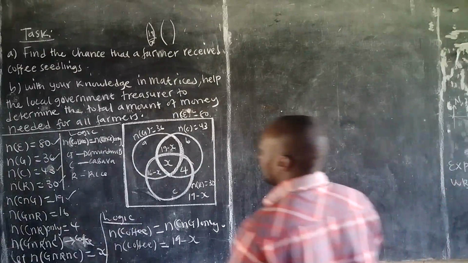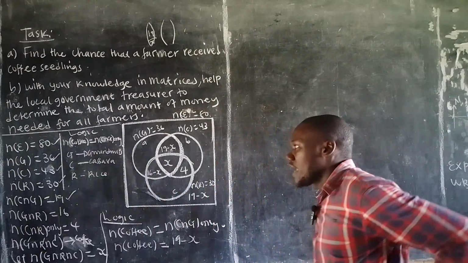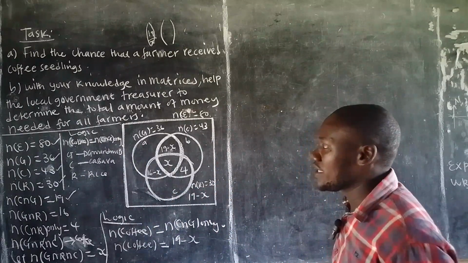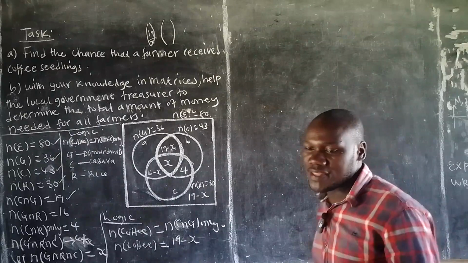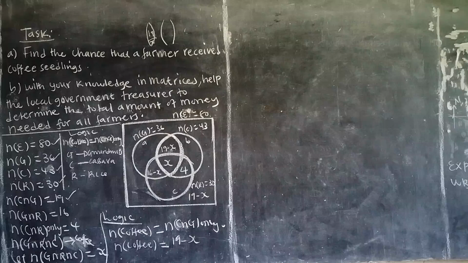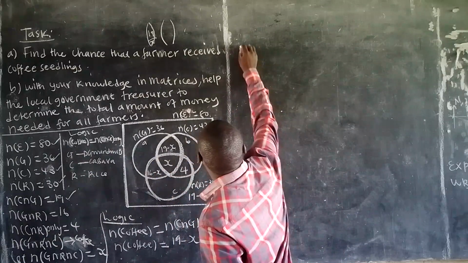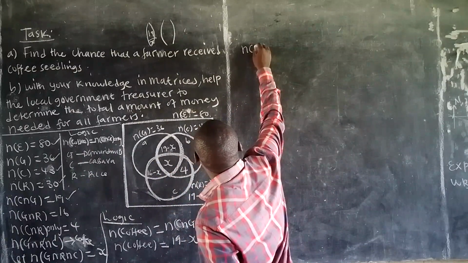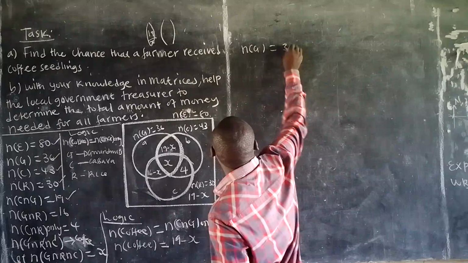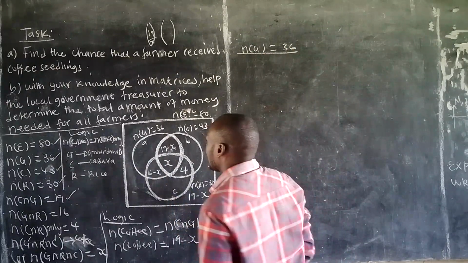So we now want to get this A. In item 3, I used another method, and in this item 4 allow me to use another method for getting A, so that people can practice or learn more about how we go about this. Another method is, we shall say the number in G is equal to 36. That implies that when you add whatever is in G, you get 36.